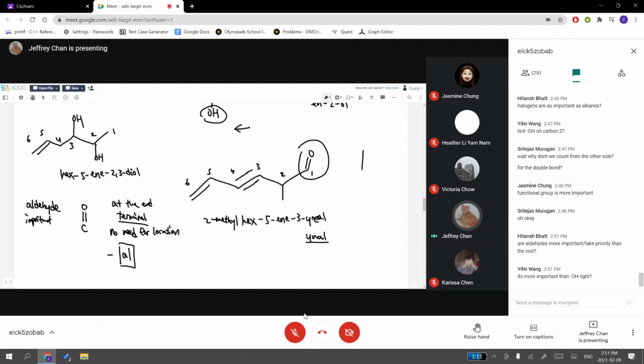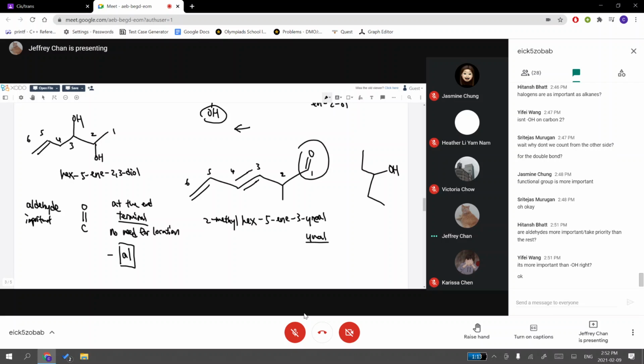Victoria is looking at compounds that look like this. I don't know if Victoria can name it at the moment, but that's what she's looking at. Okay? So worry about that when it comes. We're just doing one functional group at a time.